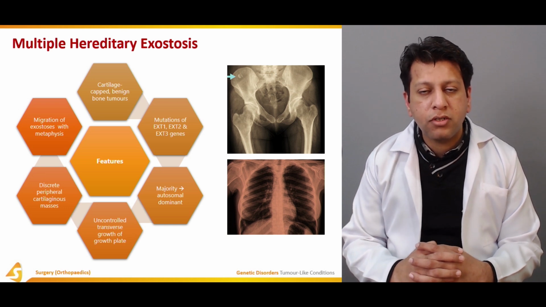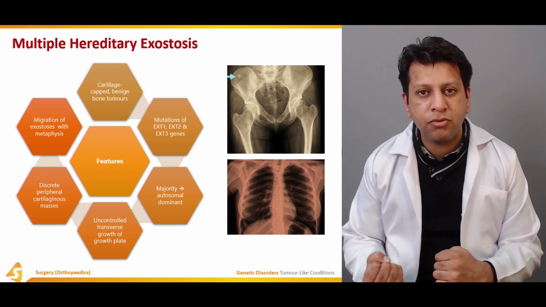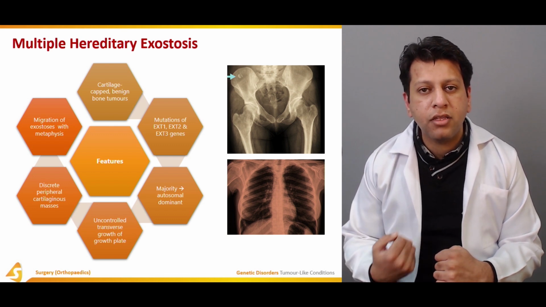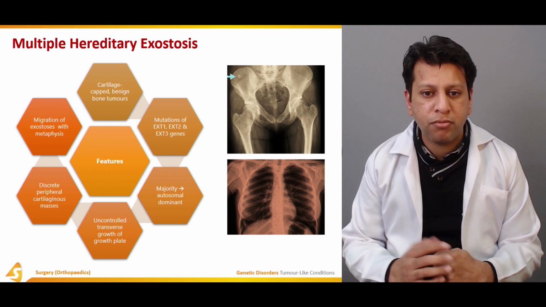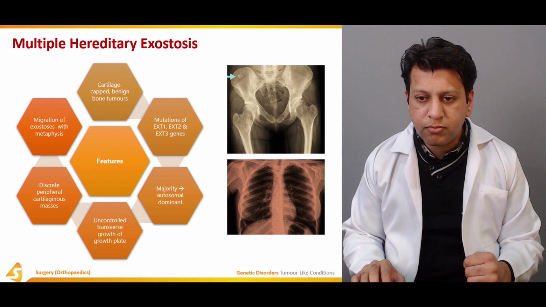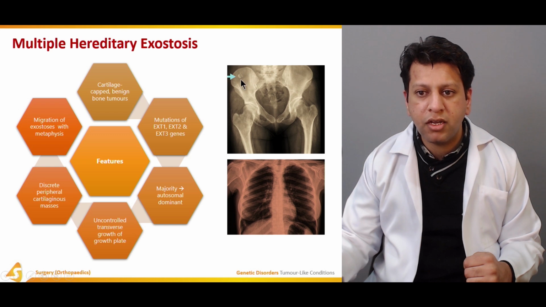Usually they start from the metaphysis, and they tend to grow outward, that is away from the physis. If you see this diagram, this is an exostosis present right over the ilium in the pelvis. Although this is a rare location, they can be present anywhere.